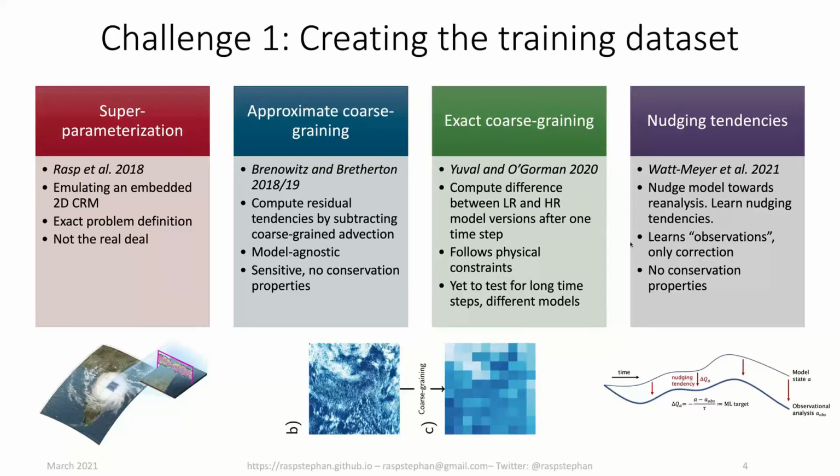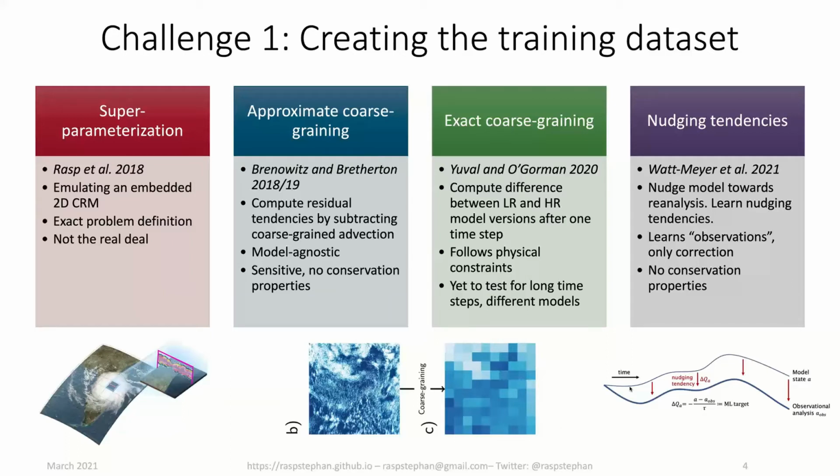And then your machine learning goal becomes to learn the nudging tendency. This is great because you actually learn the observations, and also it's kind of an easier machine learning task, because rather than trying to replace a parameterization, you're really just trying to learn a correction term. Again, these tendencies can turn out to be pretty noisy and do not follow any physical conservation properties, and this might lead to problems that we'll encounter in a slide or two.